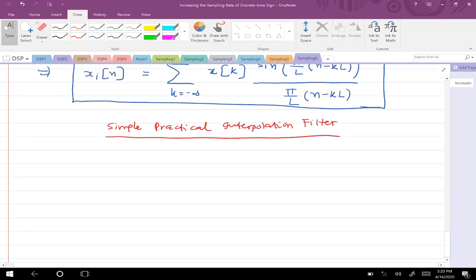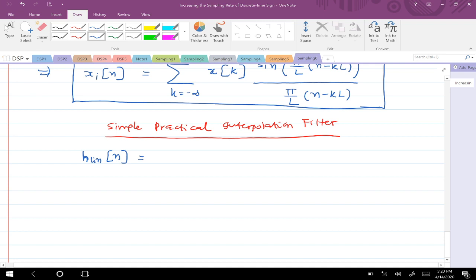Let me first write the mathematical representation of it, and then I'll make it clear to you. Say for example, let me call it h subscript lin, lin for linear, of n.